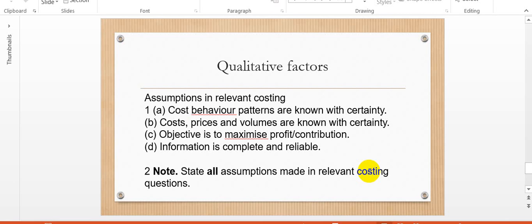Now these are the assumptions in relevant costing. At first, cost behavior patterns are known with certainty. Second, costs, prices, and volumes are known with certainty. The objective is to maximize profit or to maximize contribution, and that information is complete and reliable.